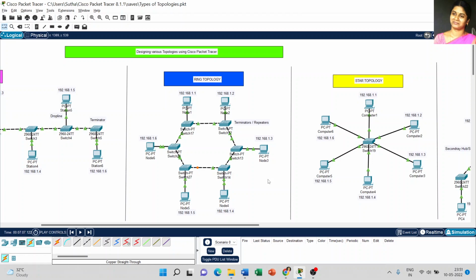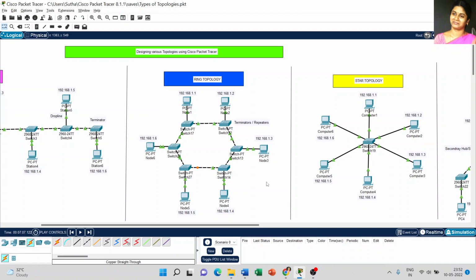Each node is connected with two other neighboring nodes, and the number of repeaters used is also high. The advantages of ring topology are less network collision, and it is easy to install and expand the network structure. The disadvantages are that troubleshooting is difficult, the insertion and removal of a node disturbs the remaining network, and it's less secure compared to the other topologies.